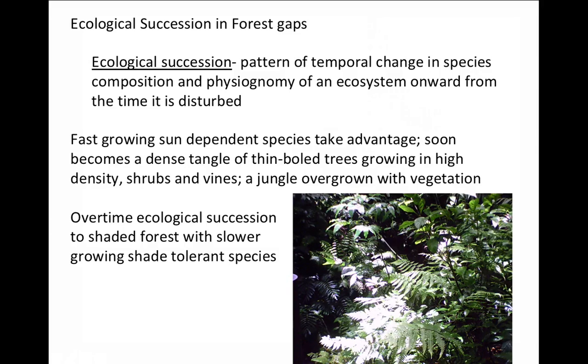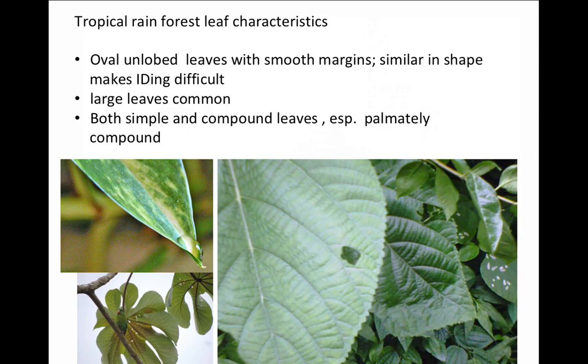So you see a lot of trees with very thin boles because they're shooting upwards, and over time you will see shrubs and vines and a dense tangle of growth, and over time it will lead to more slow-growing, shade-tolerant species, which will then outcompete those pioneer species.